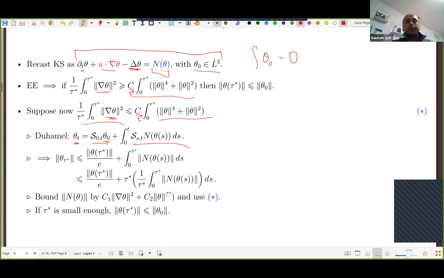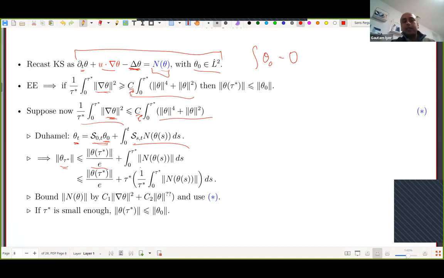The L2 norm of theta at time tau star is, well, tau star was my dissipation time, how much time I take to lose some constant fraction of the initial energy. So when I take the L2 norm of the first term, I get a constant in front, strictly less than 1. In this case, I got 1 over E. And then I got the second term. For this L2 norm, just use Minkowski and put the L2 norm inside the integral.